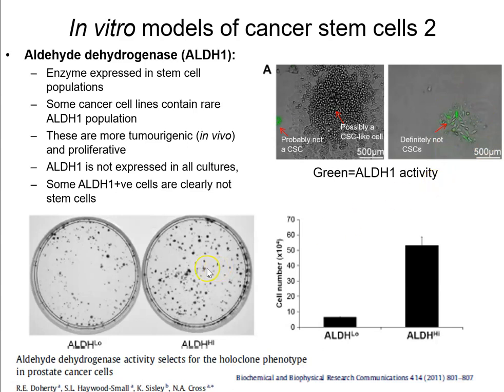And what we found, this is one of our studies here, is that in prostate cancer cells there is indeed an ALDH1 population, and it is a rare population. However, not all ALDH1 positive cells are stem cells.